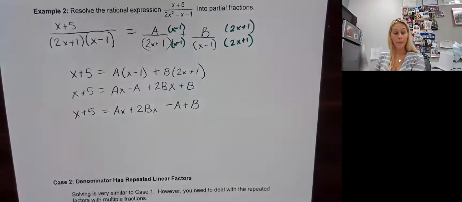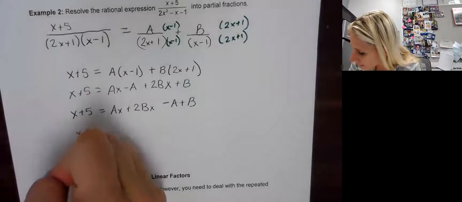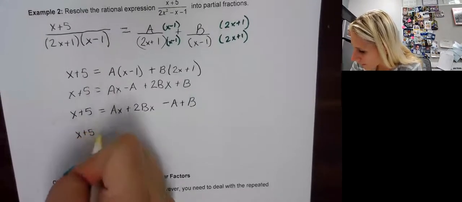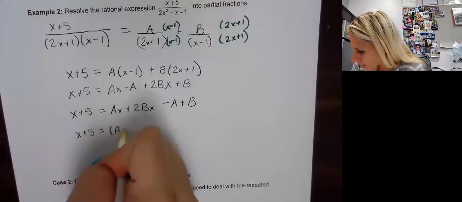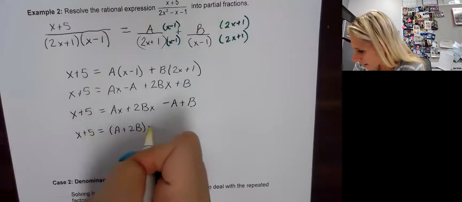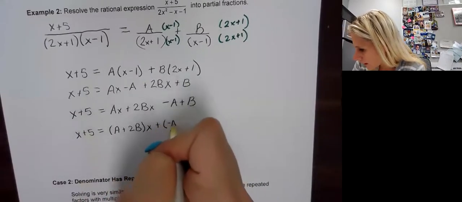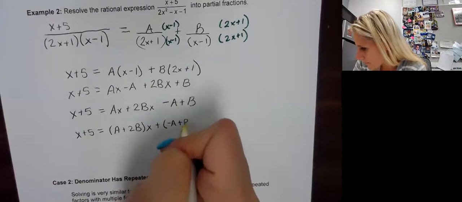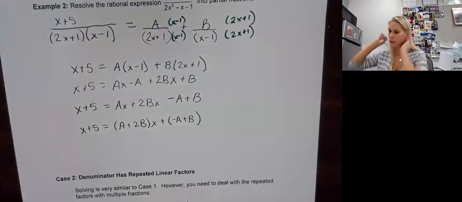All right, I'm going to factor out that x, so x plus 5 equals a plus 2b x plus negative a plus b. Okay, I'm not going to highlight this time. We're just going to look at it.